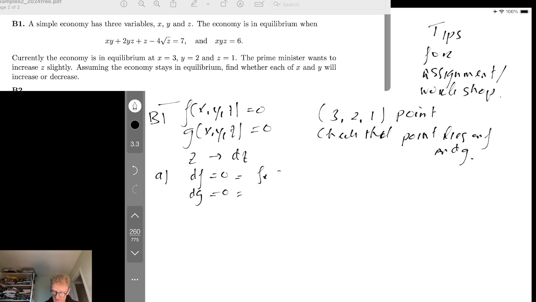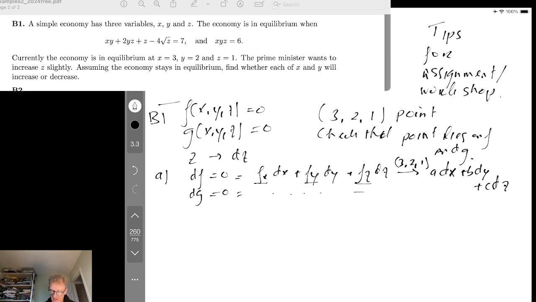That's fx dx plus fy dy plus fz dz. Same for g. And now we're going to fill in the values (3, 2, 1), and then you get some value a dx plus b dy, another value b, plus c dz, after you fill in the point (3, 2, 1) in those expressions.